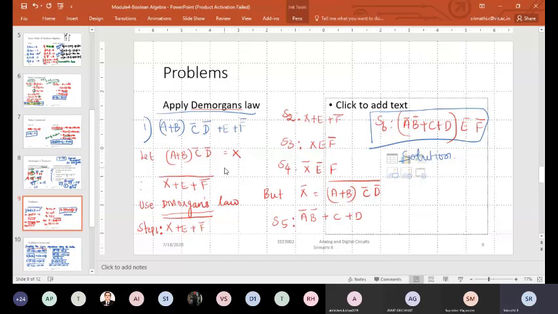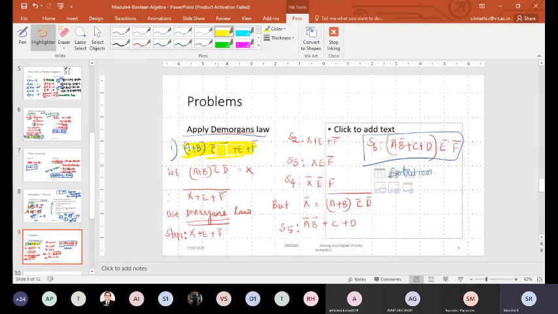Given function, this is the problem. Please take it down. Apply De Morgan's law for the given logical expression. First, here I have individual variables, E and F are individual variables.